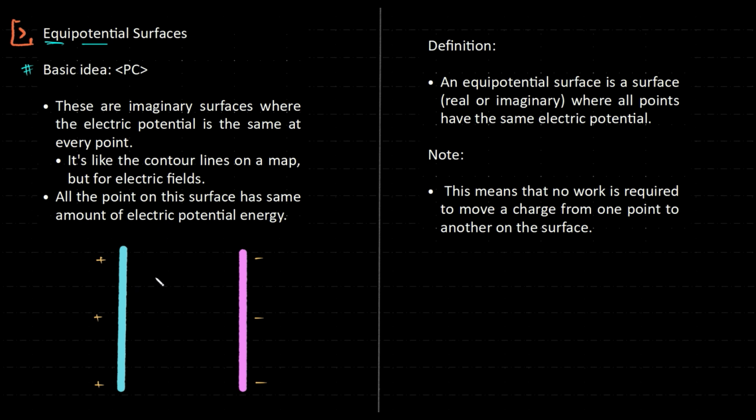For example, these are two plates and we have already seen this. The field lines go from positive to negative. And this is a finite scenario, so the field line will bend over here, right? If you remember, it'll bend a bit.